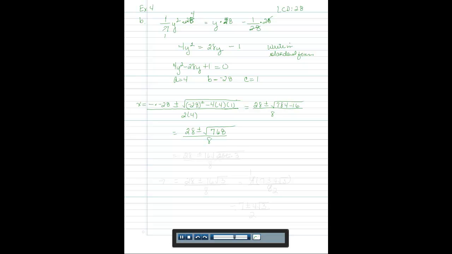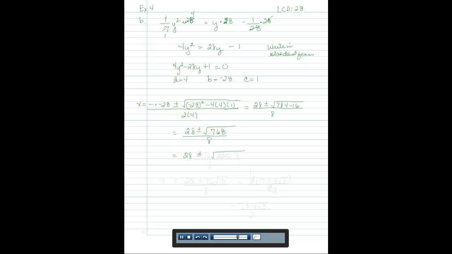Now, to find the factor for 768, we will do the same thing as we did in the previous example, but for the sake of time, I'm going to tell you the perfect square factor. So you're saying 28 plus or minus the square root of factors of 768.